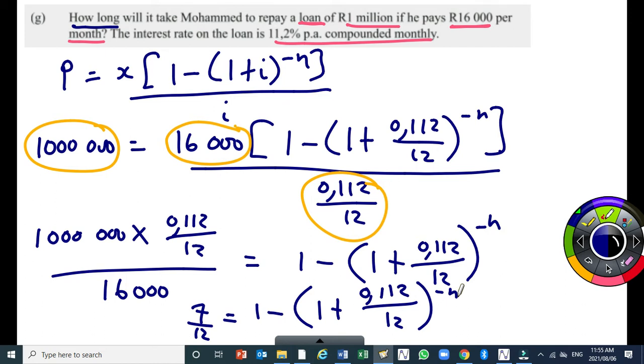Now, do you agree with me that from here I can take the exponential term, which is negative, to the left? Then it becomes positive. Then I'll take this 7 over 12 to the right. It becomes negative.